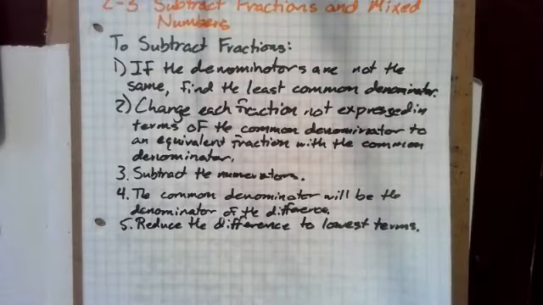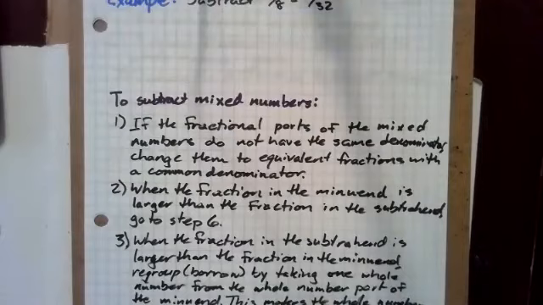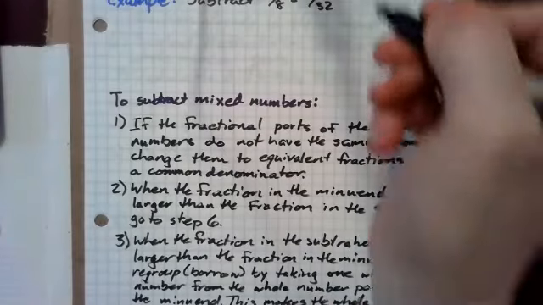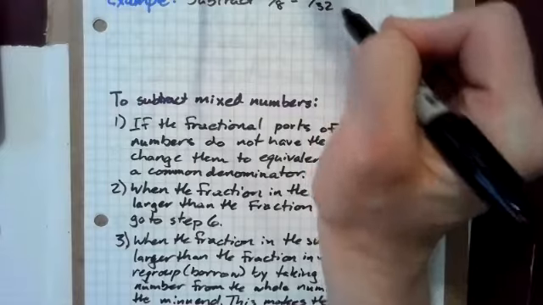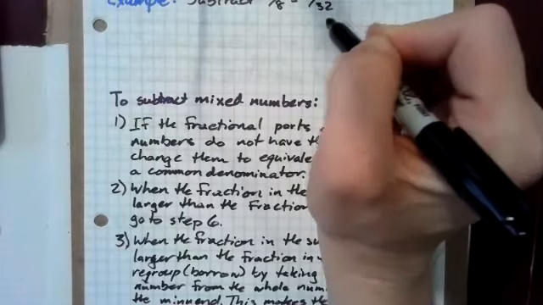It gets a little more complicated when we're dealing with mixed numbers. So for our example, we'll subtract 7/32 from 3/8. The first thing we're going to have to do is change this to a common denominator. We know that the common denominator of 8 and 32 is 32.